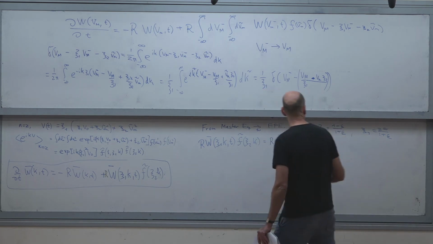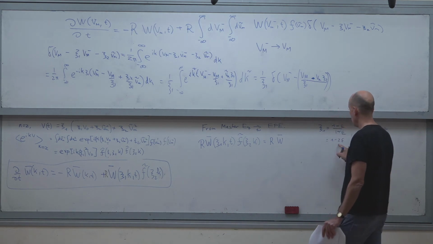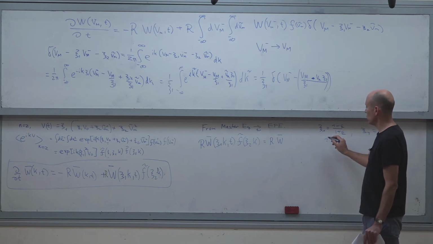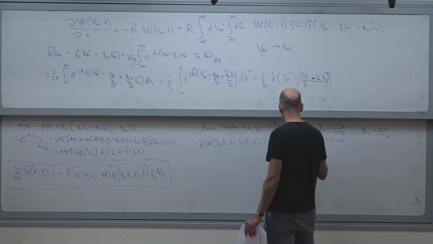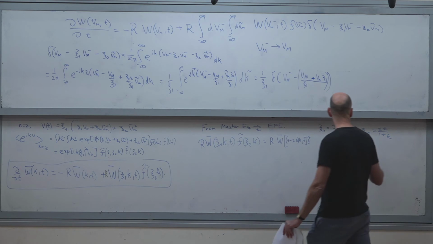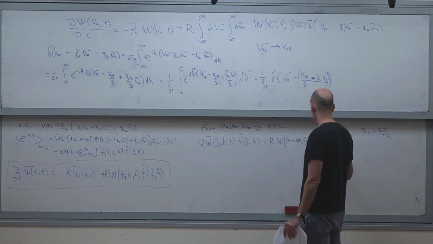I'm going to use that this is 1 minus 2 epsilon. This is an approximation when epsilon is small. So this is 1 minus 2 epsilon k at time t. And Xi2 is going to be 2 epsilon k.